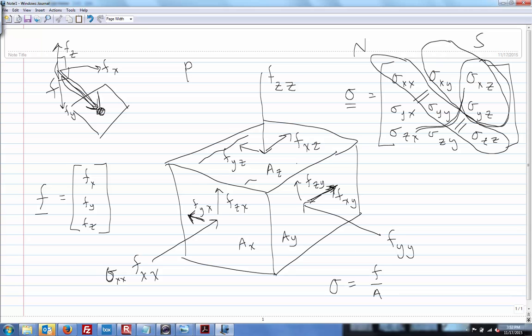This is the surface of the ocean right there. I just drew water below, air above, and sigma xz and sigma yz are the shear stresses or the tangential stresses making the waves. Make sense? So long way around it, but that's what's going on right at that interface between the air and the water.